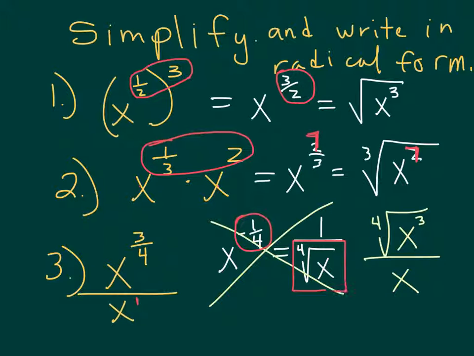That gives us the 4th root of x in the denominator, and we don't ever leave radicals in the denominator. So we actually can't simplify the exponents, so we go right back to the original equation and just rewrite the numerator into radical form, and we get this for an answer.